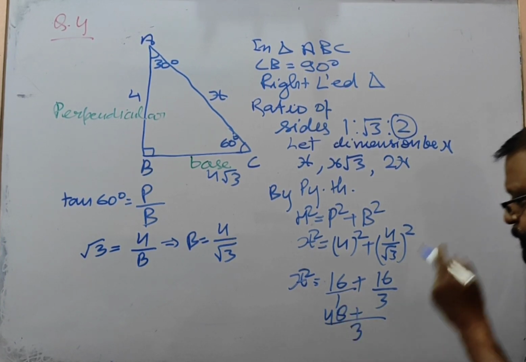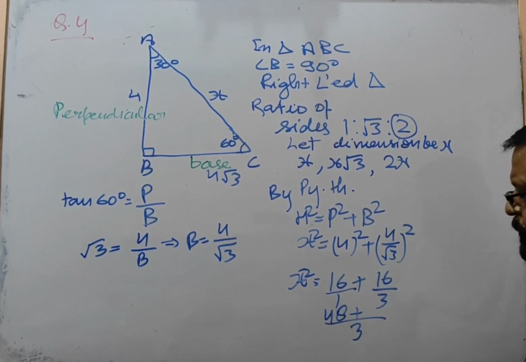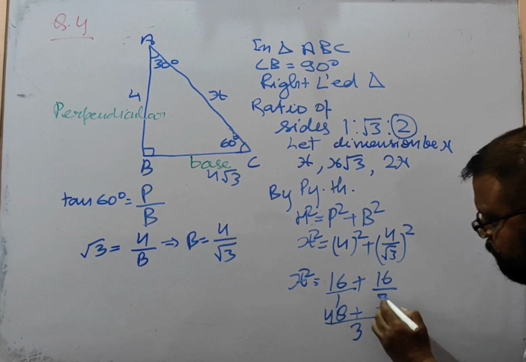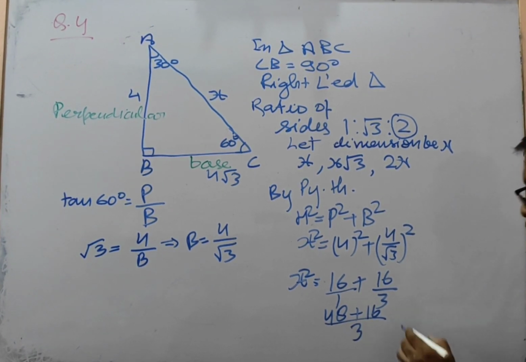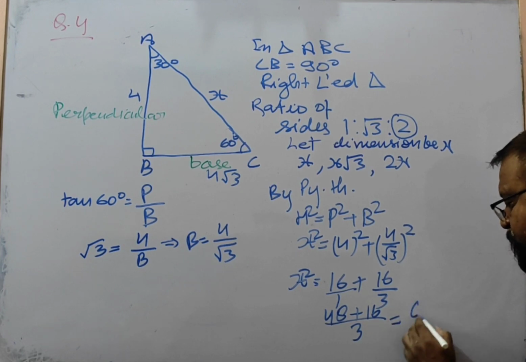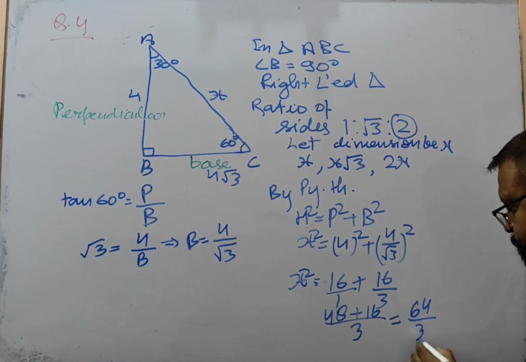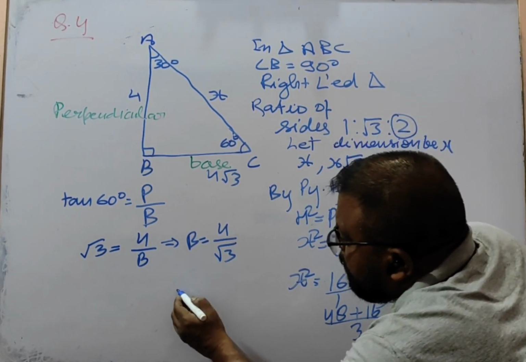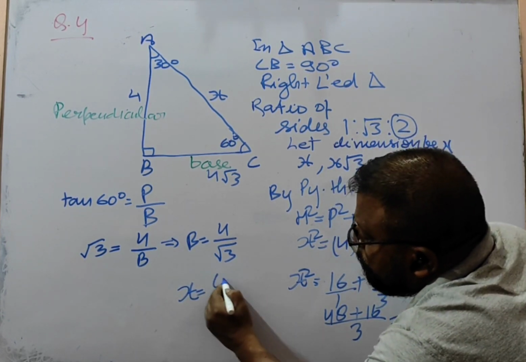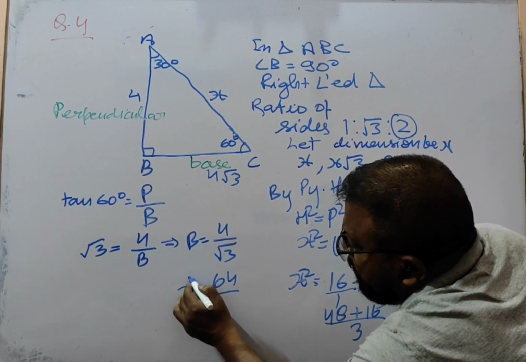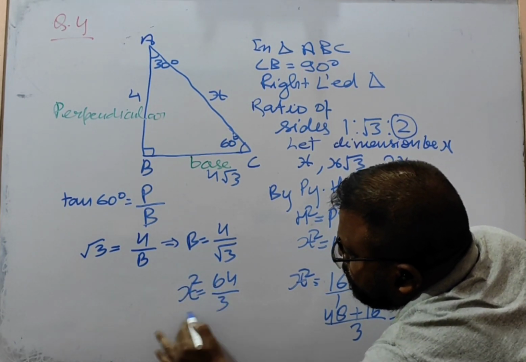plus 16, so it becomes 64 upon 3, right? So I get x square is 64 upon 3.